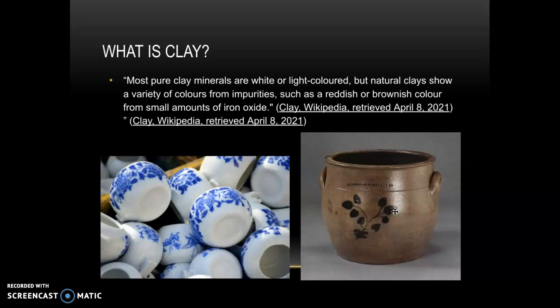Now, we also sometimes add some things, but this is our simplified description of different types of clays. The reason we tend to call porcelain china is because China had deposits of this pure clay. The reason we tend to have a reddish clay in other parts of the world is because the clay there had iron in it, and that made it a reddish color. In another video, we'll get into that a bit more.